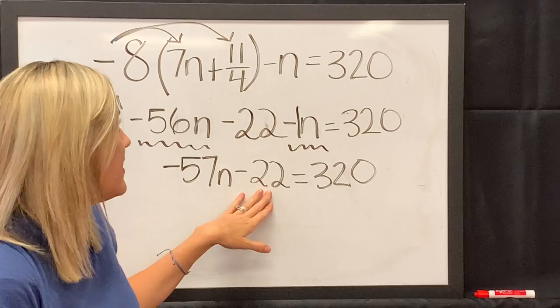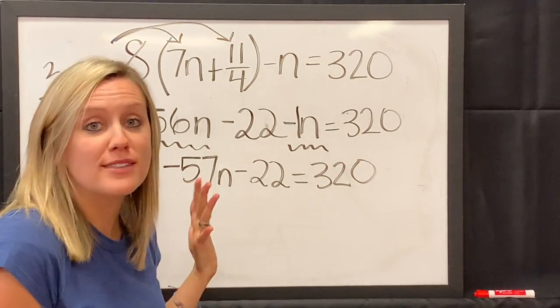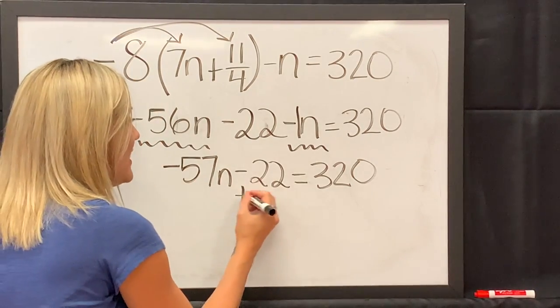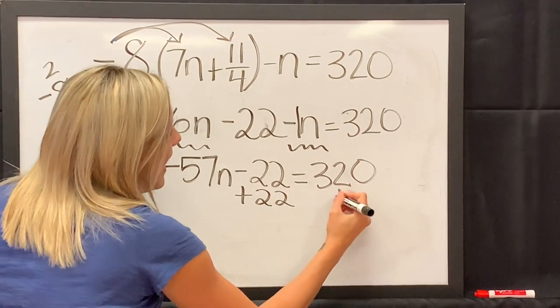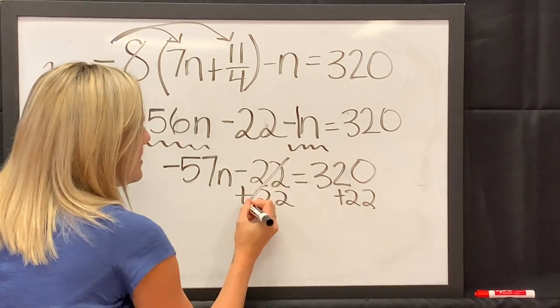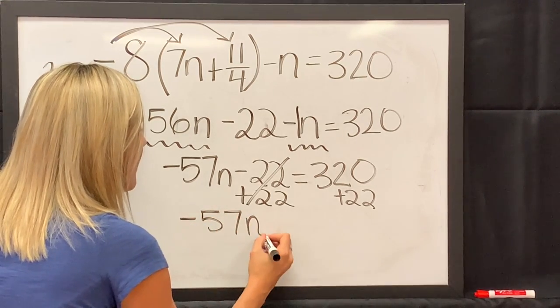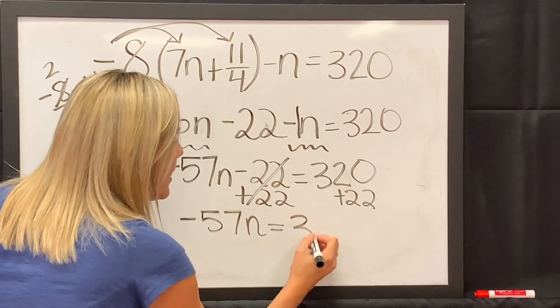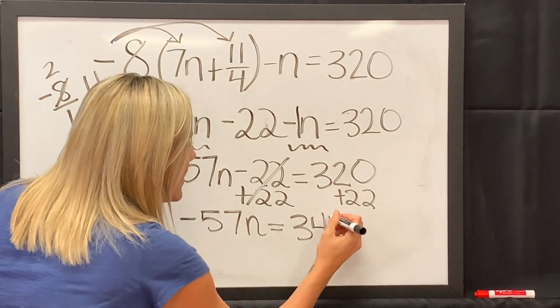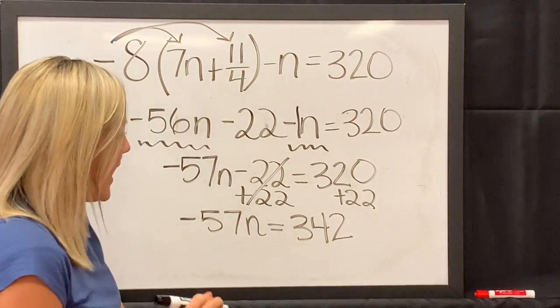Okay, I'm going to get rid of this negative 22 or subtract 22 by adding 22. Adding 22, these cancel. I'm left with negative 57n equals 342. Okay, I'm almost done.